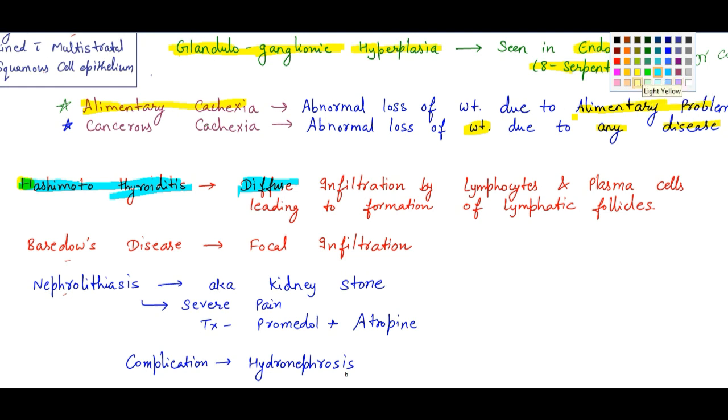Yes, right, that is Hashimoto thyroiditis. It is leading to the formation of lymphatic follicles, and it is diffuse. So remember, diffuse means Hashimoto thyroiditis. If there is focal infiltration, it means Basedow disease. That is Basedow disease.